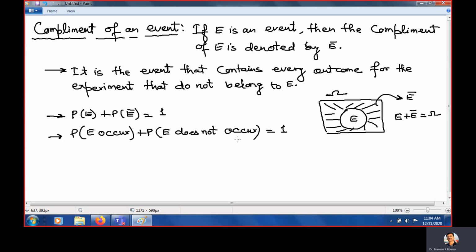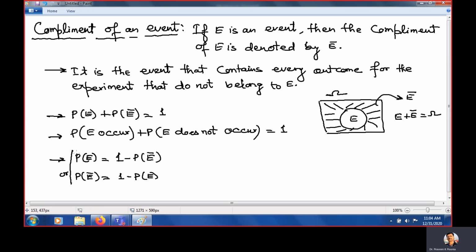Means if something is happening, then we can calculate the probability that it does not happen. Clear? And you can calculate probability of E is equal to 1 minus probability of E bar, or probability of E bar is equal to 1 minus probability of E.